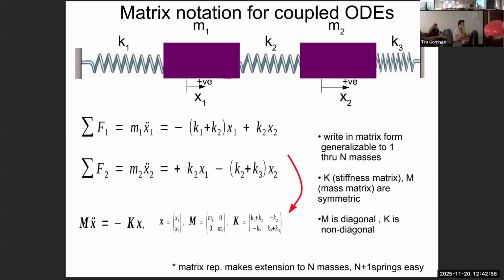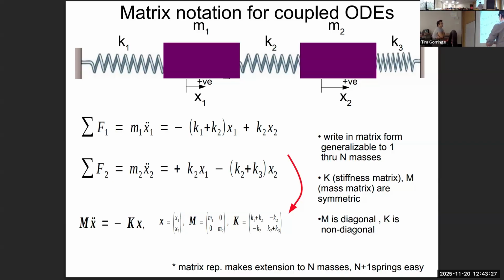And this equation here involving these three things, this little matrix vector equation. So M is a matrix. This is a column vector. K is the stiffness matrix. Column vector again. This is representing this pair of equations here. The way to see this is to plug in the x, plug in the M, plug in the K into here.